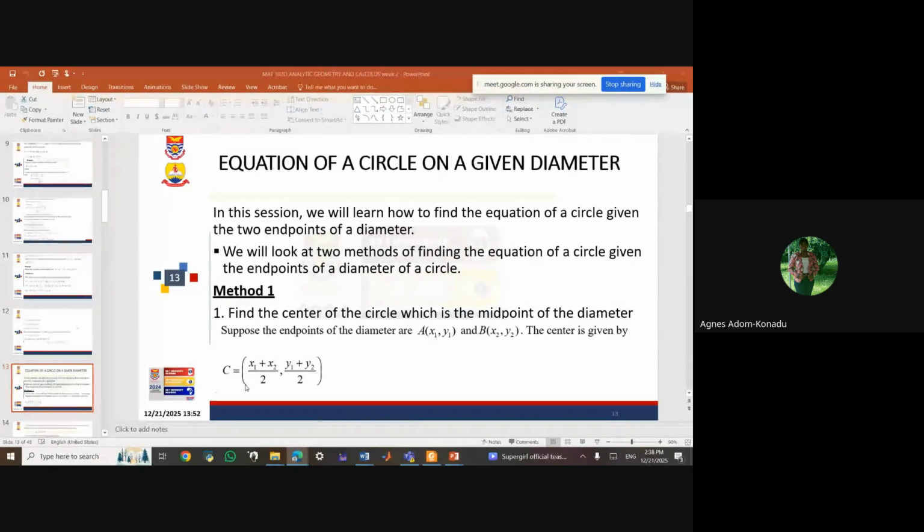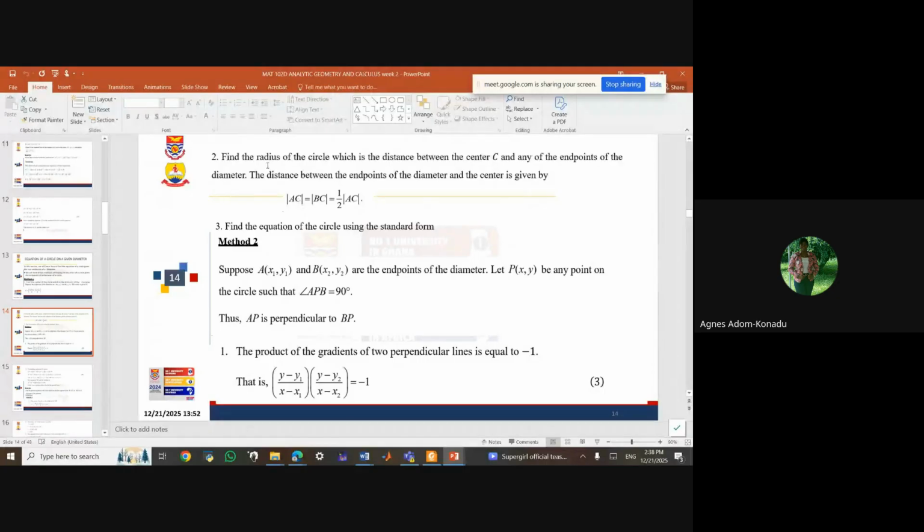So the center is x1 plus x2 divided by 2, y1 plus y2 divided by 2. So that is the center. Then, as I said, the radius will be the length. You can find either AC or BC, or you can find the length of the whole AB and then divide it by 2.